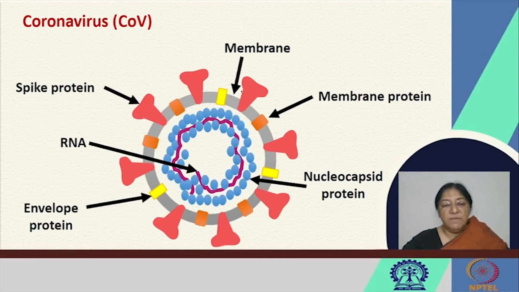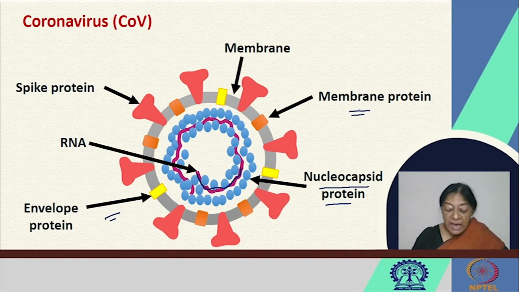This coronavirus diagram or figure that we have been seeing very commonly now has what is in here. It has its RNA. There is a nucleocapsid protein that surrounds the RNA. It has a membrane. In this membrane, there are envelope proteins, membrane proteins, and embedded in them are the spike proteins.